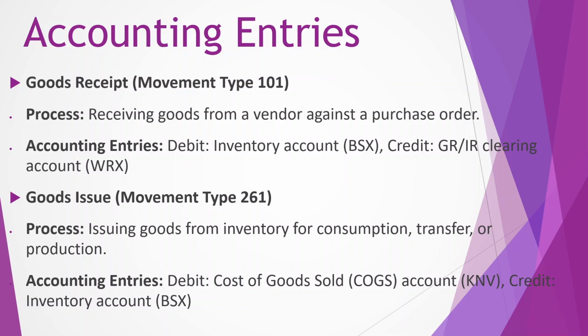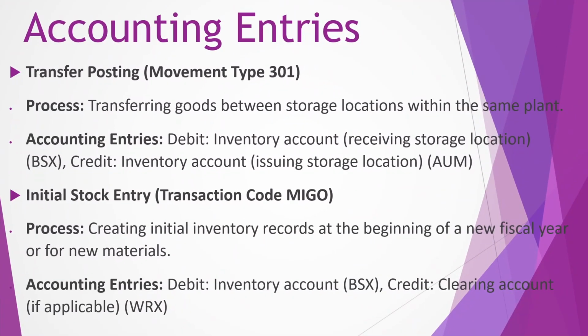Next, transfer posting with the movement type 301. The process is whenever you are transferring goods between storage locations within the same plant. That means your storage locations are situated in the same plant.